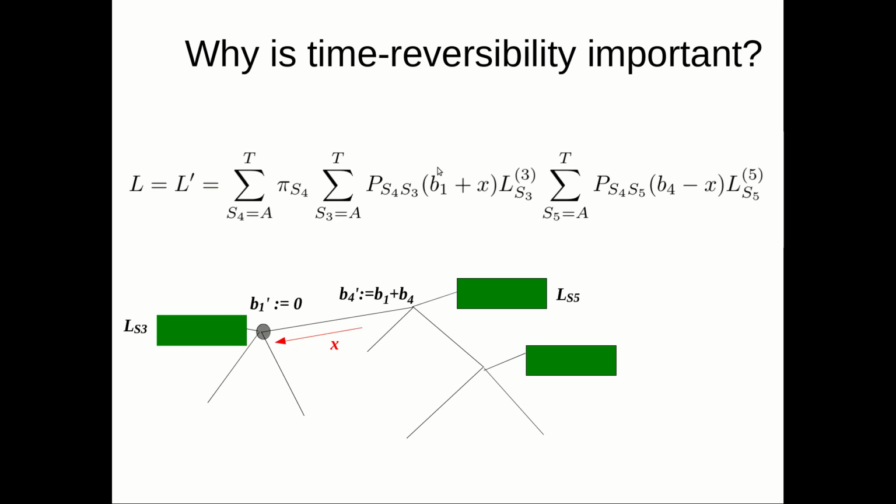Another thing that we can do to simplify calculations and economize a little bit is that typically you would set B1 prime to 0, so just put the root directly next to this inner node, and B4 prime to the sum of B1 and B4. That's how it's often done in practice.